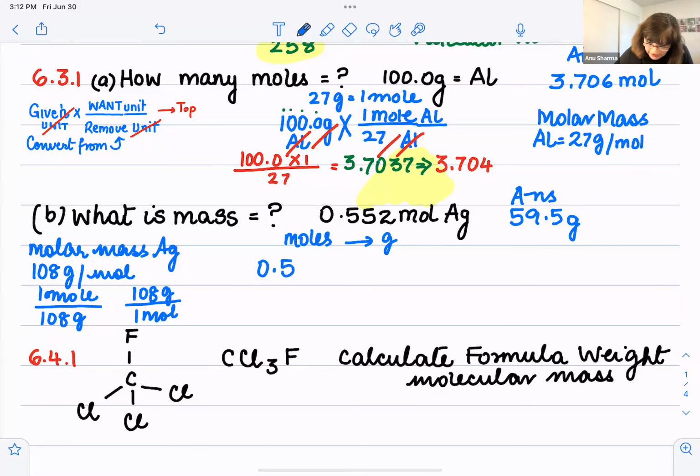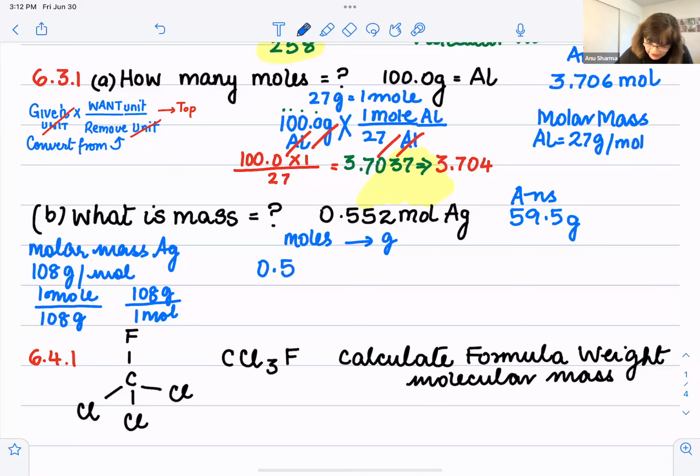So let's see, what do we get here? 0.552 times 108, and the answer is equal to 59.61 grams, but the book is saying 59.5, which is okay, because I used the rounded up number for the silver. Had I used the exact number, I would have gotten the exact same answer. So it's up to you, but normally we use the rounded up masses from the periodic table.